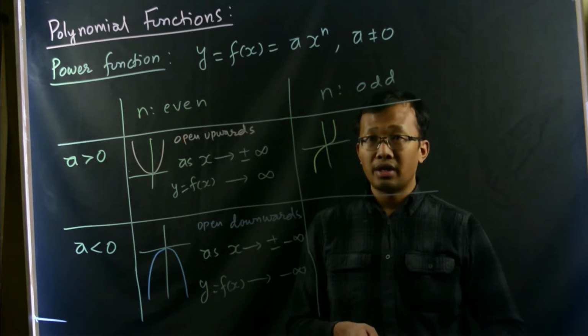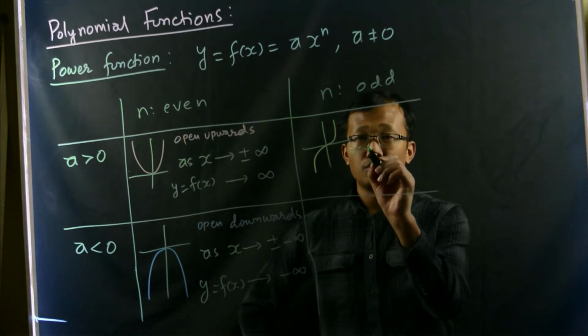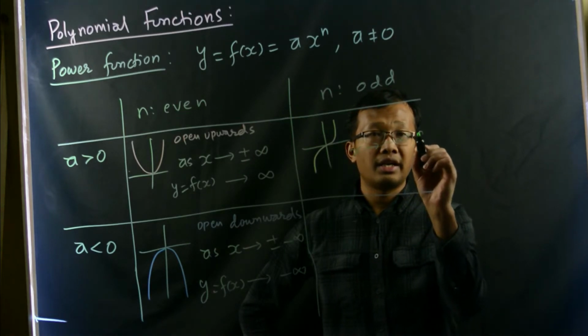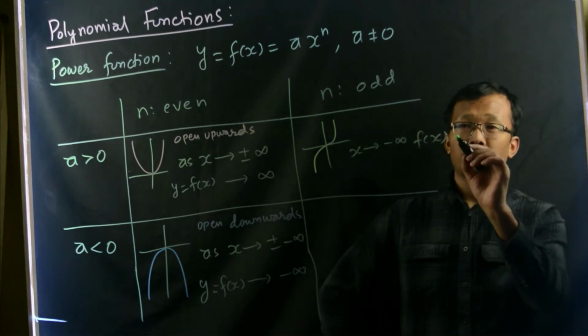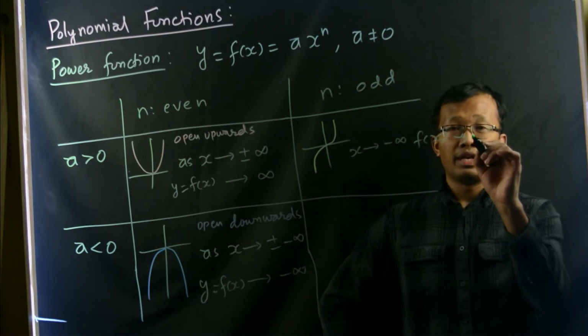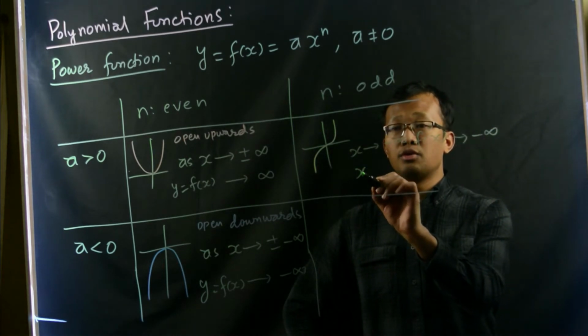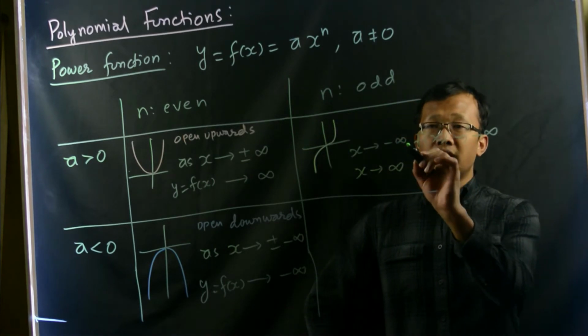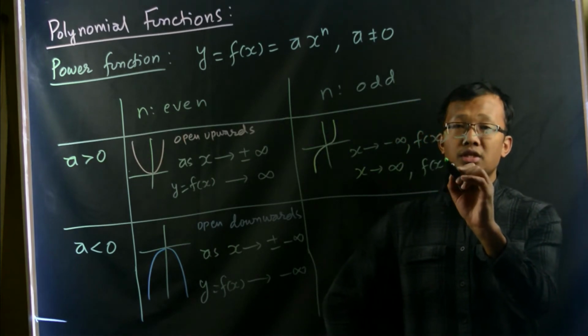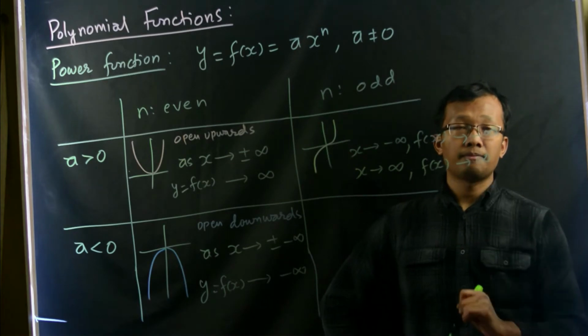Whenever x goes to negative infinity, f of x goes to negative infinity, and whenever x goes to positive infinity, f of x also goes towards positive infinity.